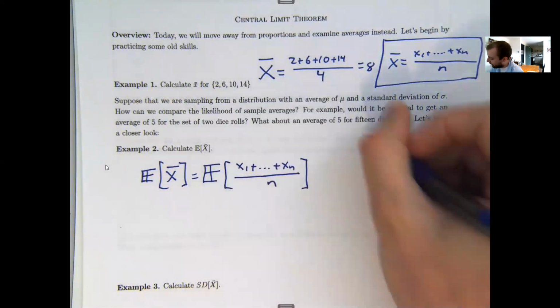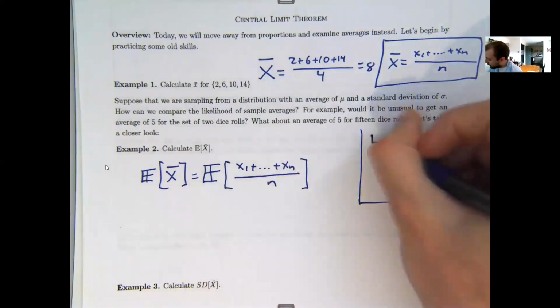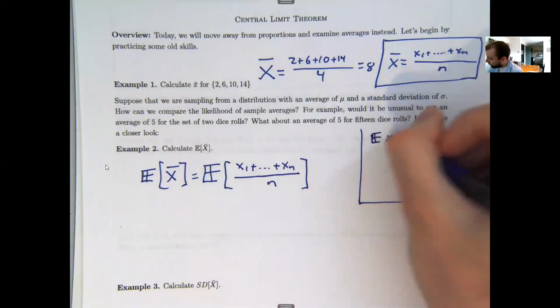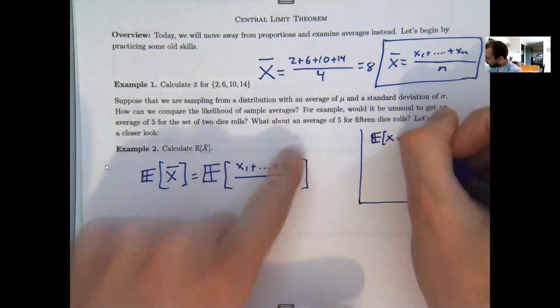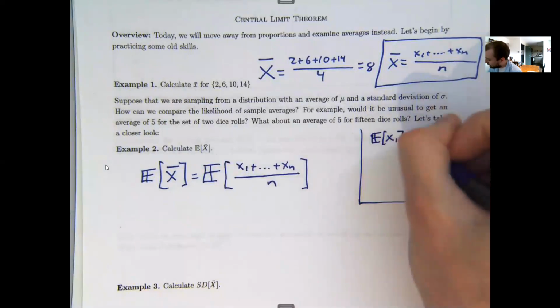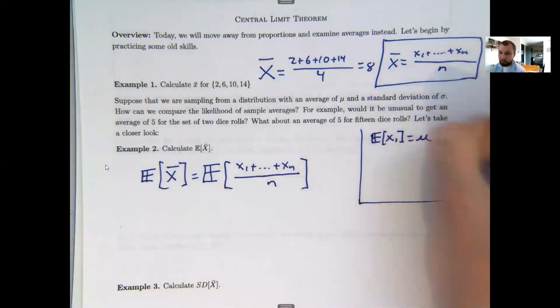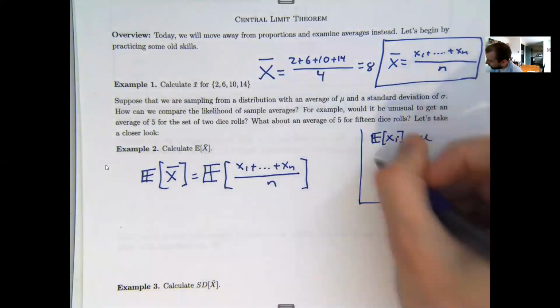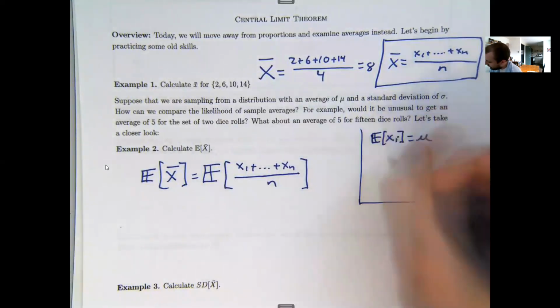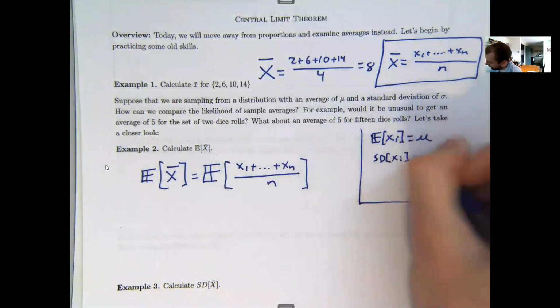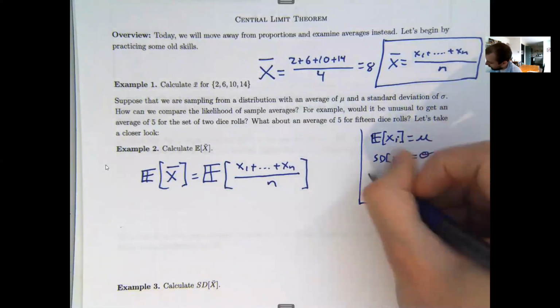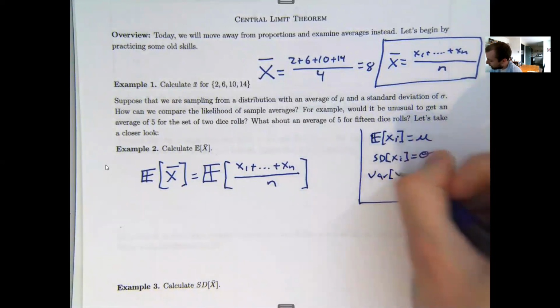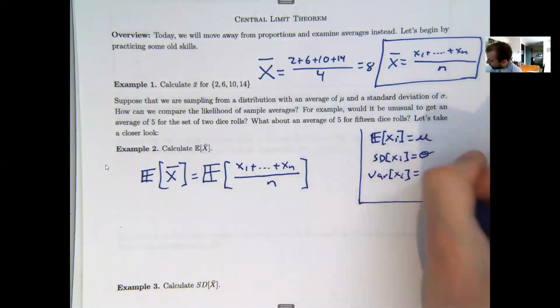Now, in this paragraph here, I'm making the assumption that the average for each of these individual trials is some number mu. I'm also assuming that it has the same standard deviation for each of these individual trials, sigma, which is equivalent to saying the variance for each of the trials, I am assuming, will be sigma squared.